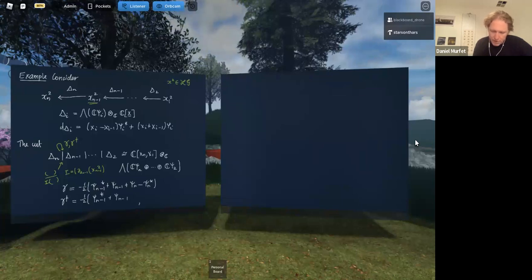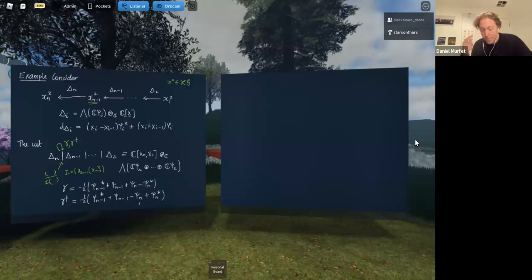These are operators on the cut, right? They're operators on this thing here. And what I'm writing down is, well, this here you should read as contraction with that one-form, and this here you should read as wedge product on the left with that one-form. It's actually a typo.